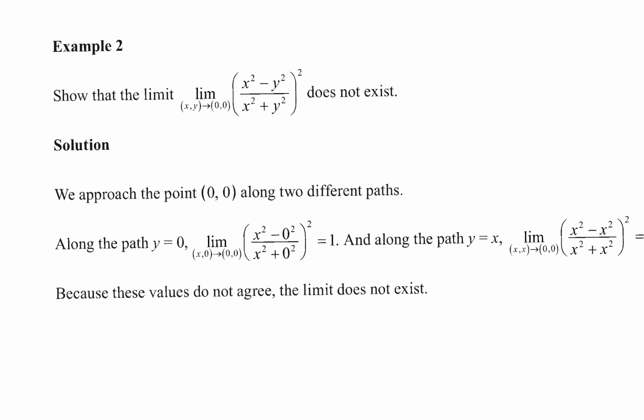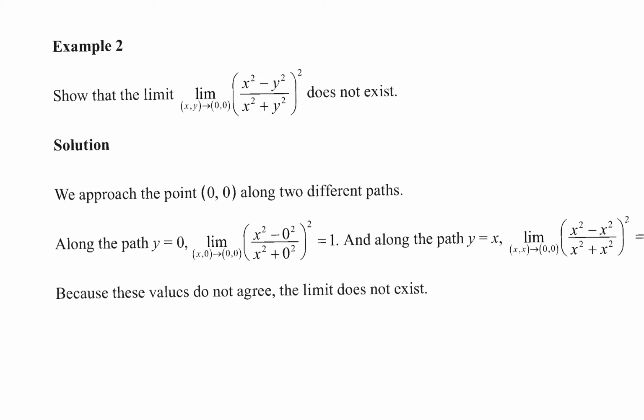Now, if you approach through the rectilinear line y equals x, the limit will be of the point x, y, but y is x, so x, x approaching 0, 0. What will be the limit?